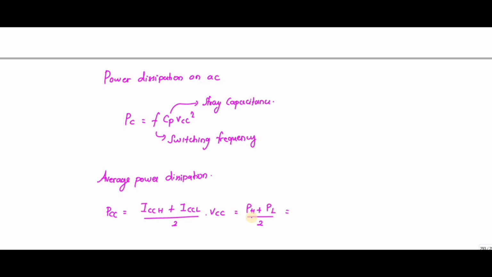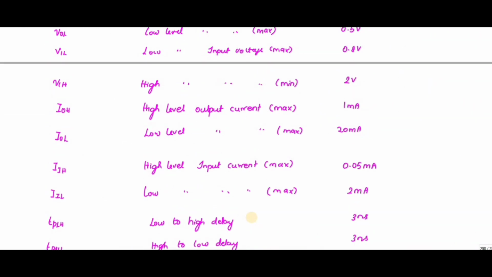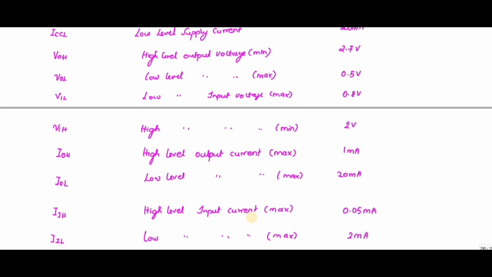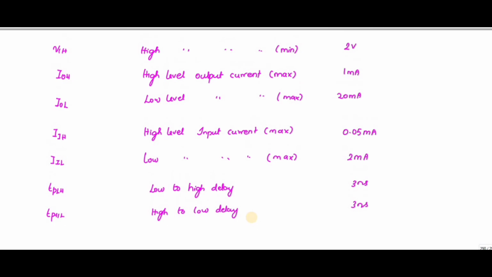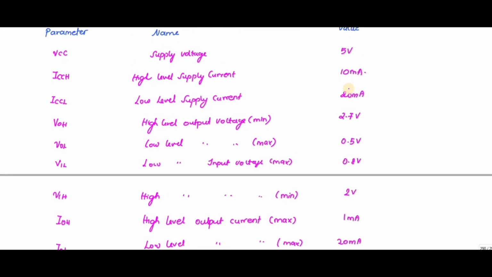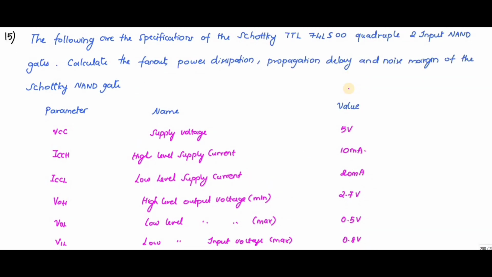What are ICCH and ICCL? 10 plus 20, that is 30 milliamps. VCC is 5 volt.